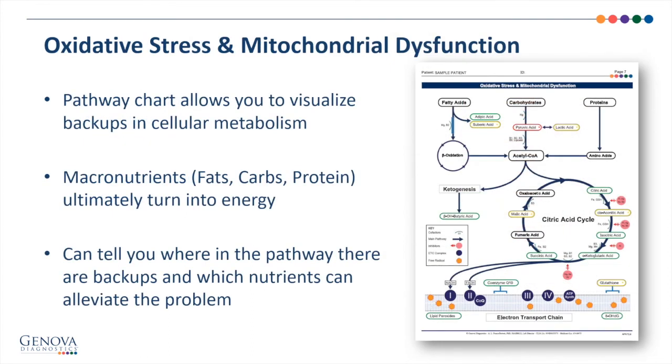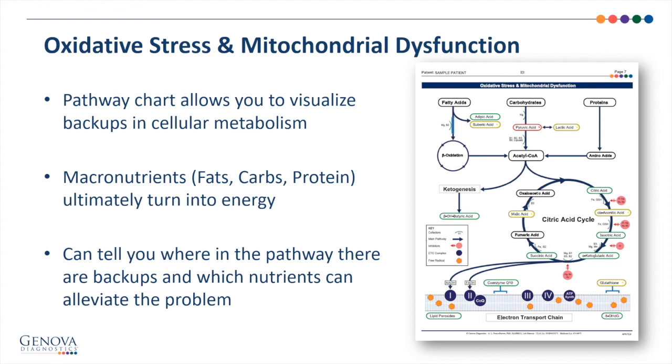We also have, following the overall nutrient need assessments, a pathway page of oxidative stress and mitochondrial dysfunction that allows you to visualize what we're really looking at. We're looking at intracellular evaluations of biochemistry, right? And so we're trying to identify, are there any backups in cellular metabolism? And that can ultimately give us information about nutritional needs and nutritional cofactor limitations.